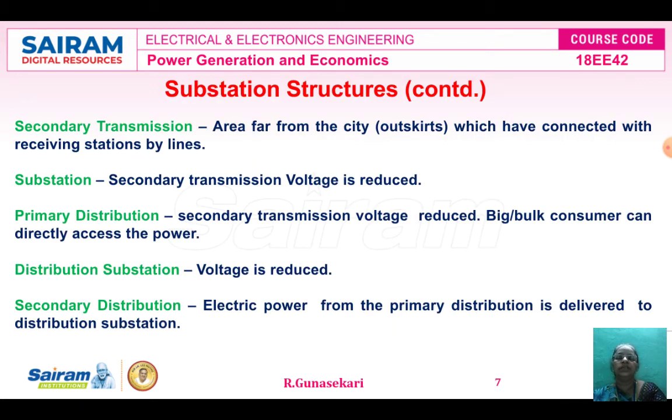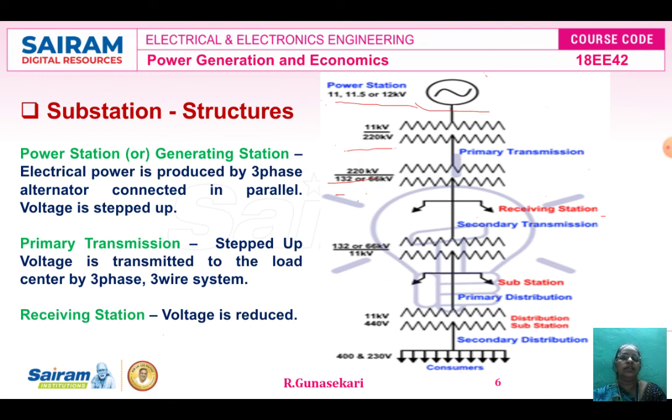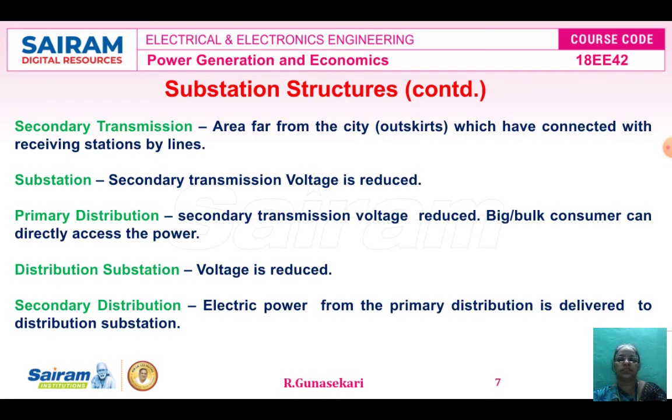The next is the distribution substation. At the distribution substation, what happens? The primary distribution voltage 11 kV is again stepped down to 440 volt. This is the distribution substation. The voltage is reduced. Then next, secondary distribution means the electric power from the primary distribution, which is 11 kV, is transferred to the distribution substation.